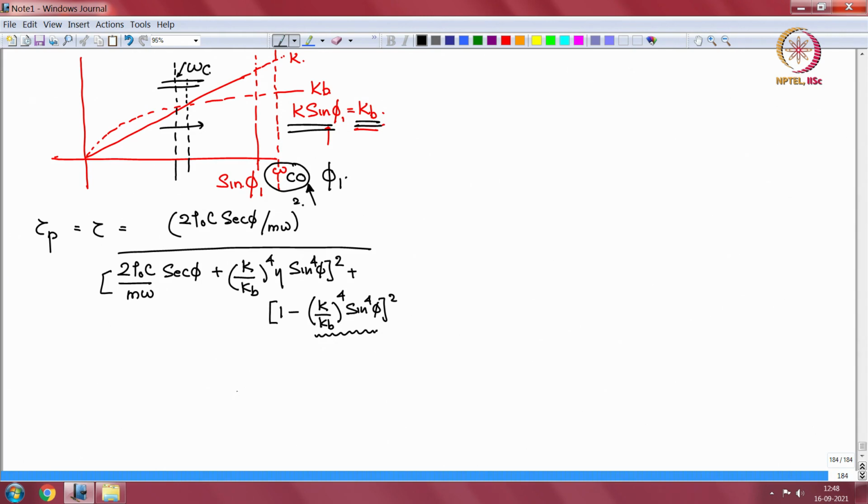If we say that the loss factor term is also small, then my tau is given by 1 over 1 plus omega m cos phi by twice rho 0 c, whole squared.